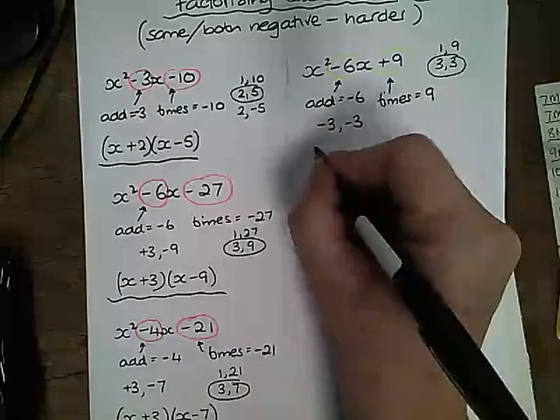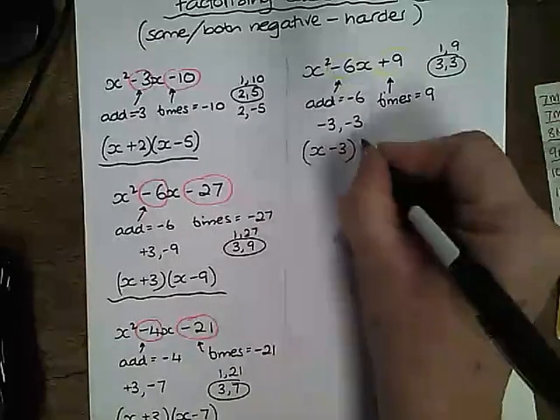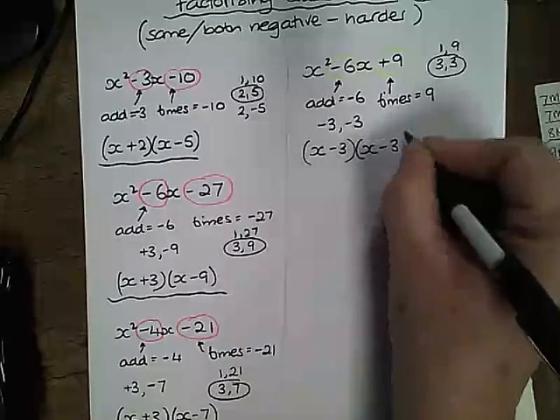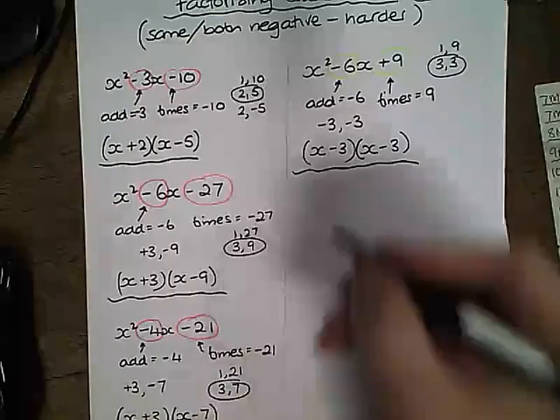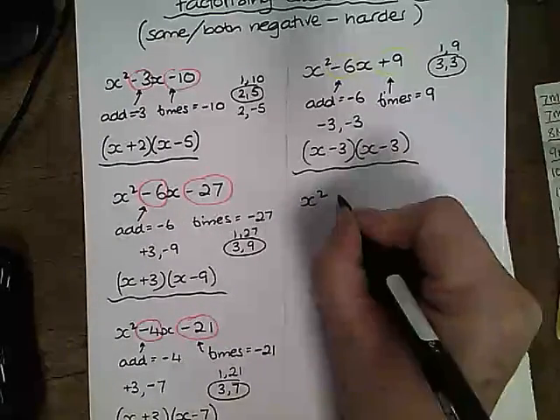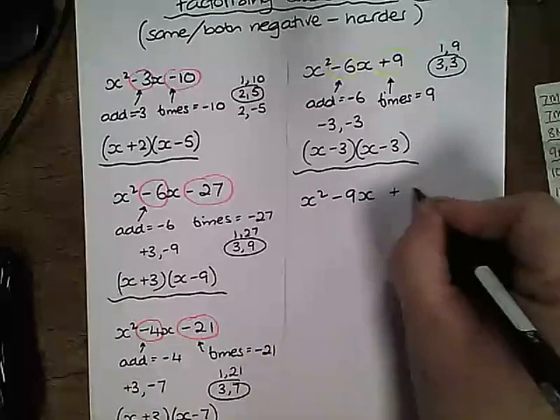So the factorisation for this is x minus 3, x minus 3. Let's do another one. x squared minus 9x plus 20.